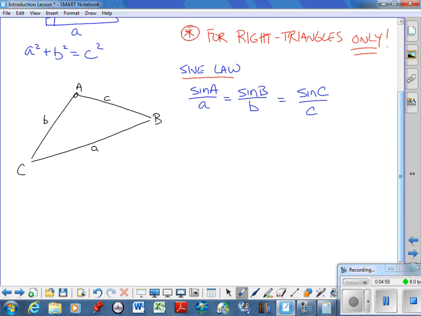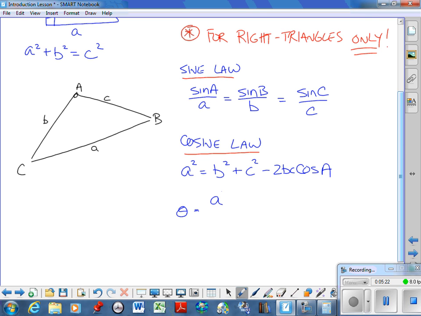If the sine law is not the correct one to use, then you have to use your cosine law. So the cosine law, if you're looking for the side, it would be a squared equals b squared plus c squared minus 2bc cos of angle A. If you're looking for the angle, theta would equal cos inverse of a squared minus b squared minus c squared divided by negative 2bc.